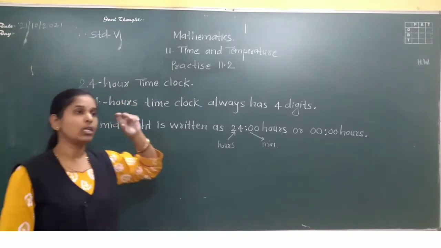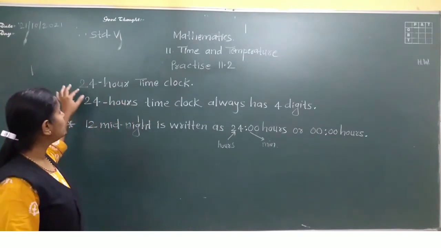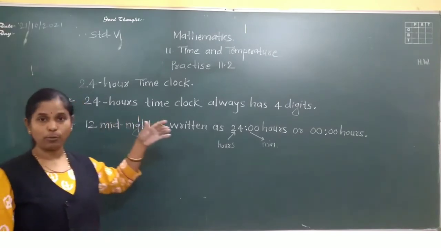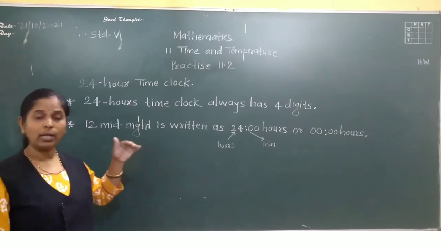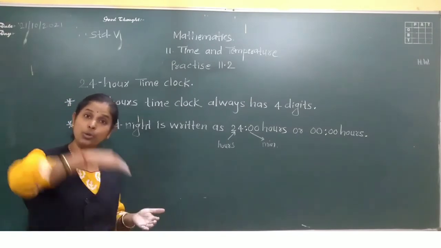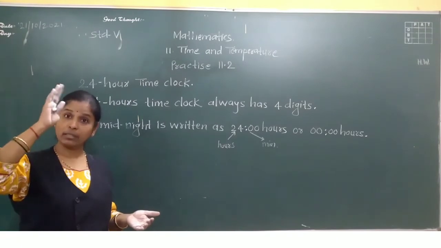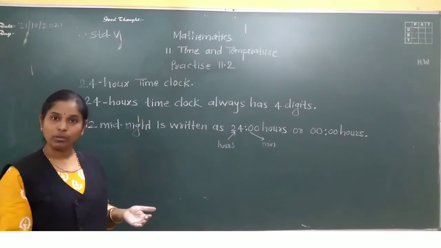Now, in the 24-hour time clock, what we have to keep in mind is that we are using the numbers from 1 to 24. After midnight 12, 1 starts and goes till 12 noon.